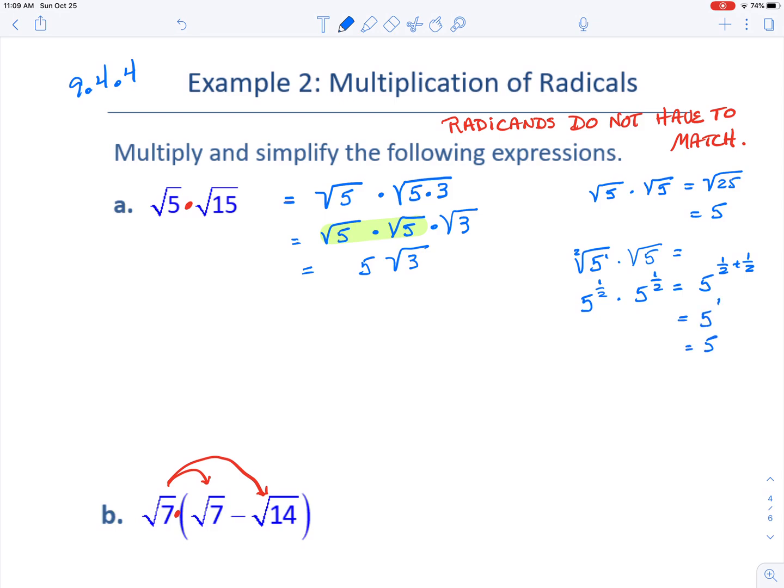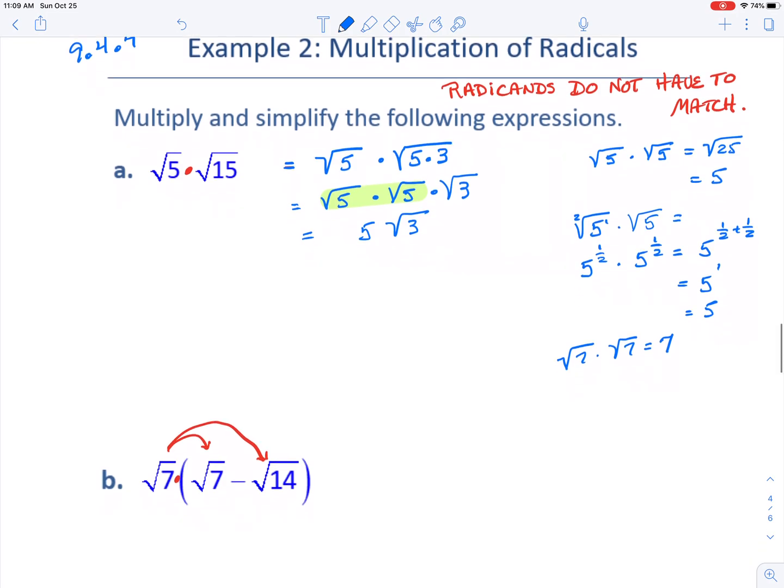So there are several ways to convince yourself that multiplying the square root of a number by the square root of that same number is going to give you whatever that number is under the radical. So again, if we were doing the square root of 7 times the square root of 7, which is coming up in this next example, we're going to end up with 7 when it's all said and done.